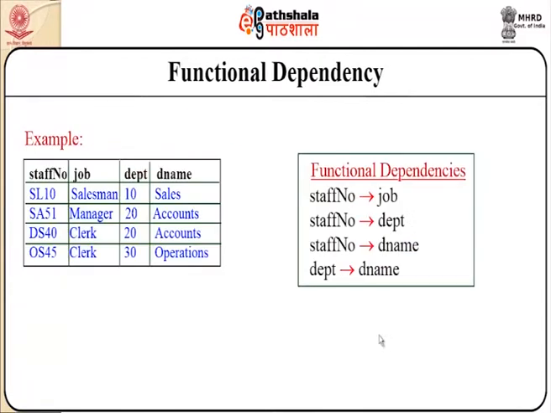That means, if we consider the relation that we have explained, department name is functionally dependent on both staff number and department, but it is not fully functional on staff number; it is fully functional dependent on department alone. So, in that case, department name is fully functional dependent on department and not on staff number.